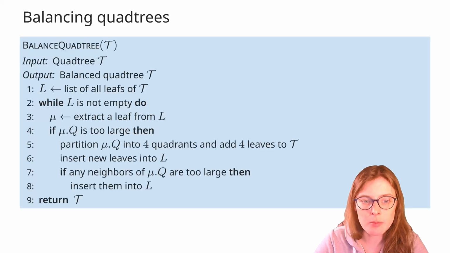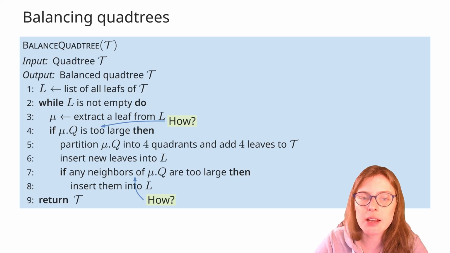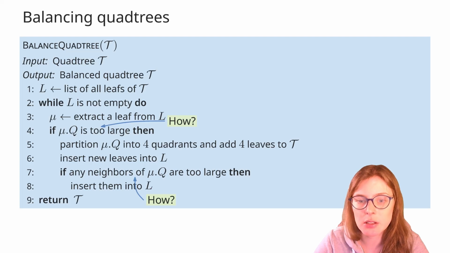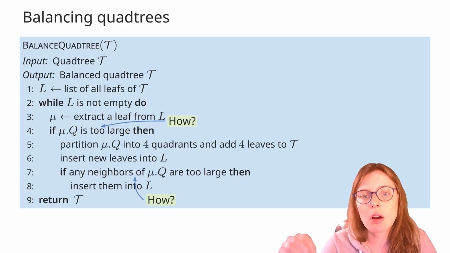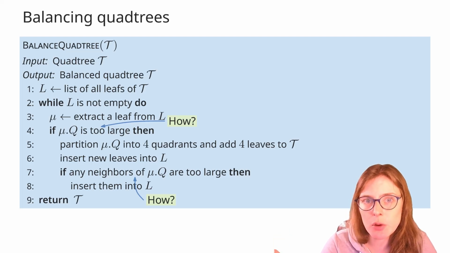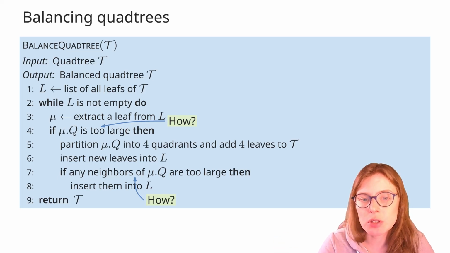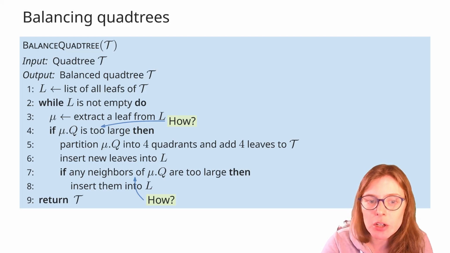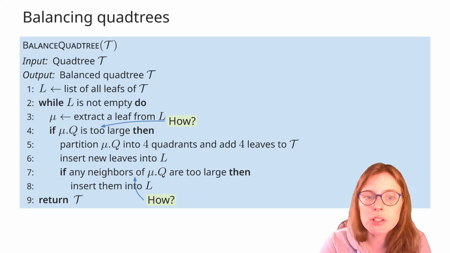Going back to the algorithm, how exactly are we deciding if a square is too large and if it needs to be subdivided, or if the neighbors of a square are too large and they need to be added to the list to consider later? Well, if two nodes of the tree are in the same level or in 2 adjacent levels, then their corresponding squares differ in size by at most a factor of 2. But if the nodes lie further apart, not in the neighboring levels, then, as we mentioned earlier, their corresponding squares will differ in their size by more than a factor of 2.